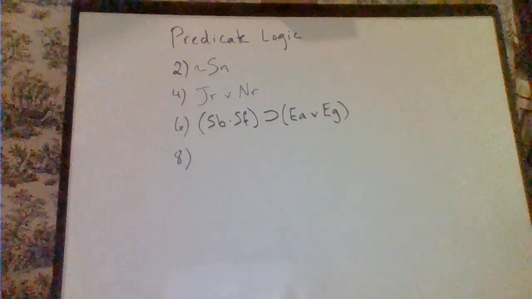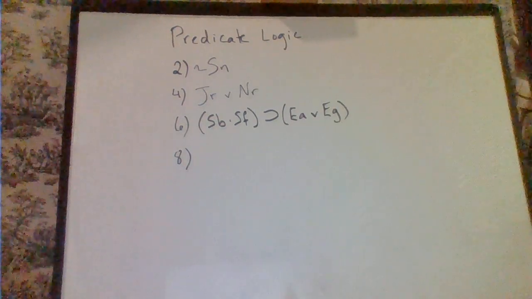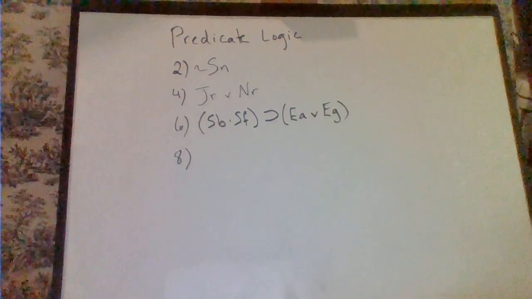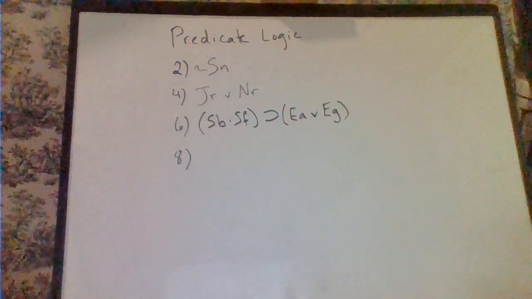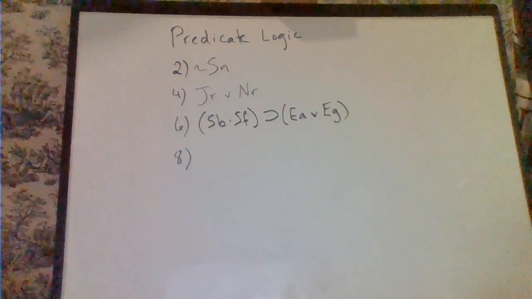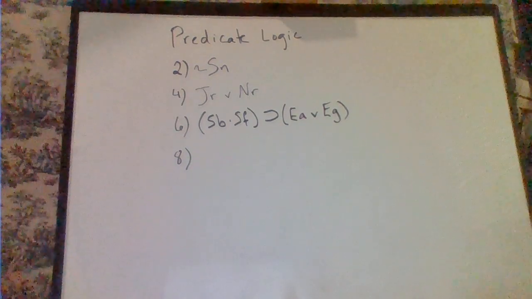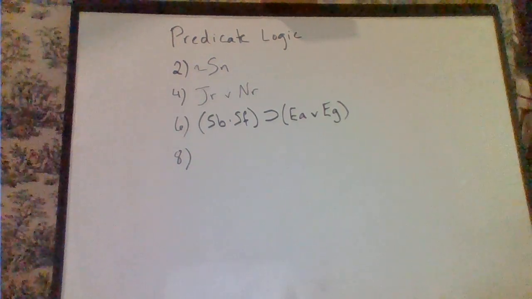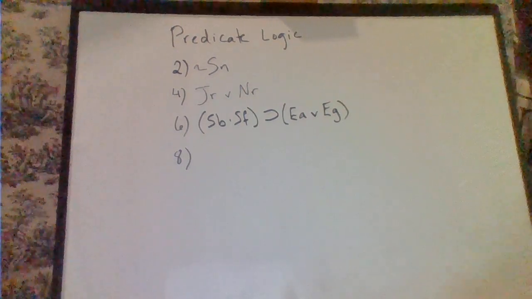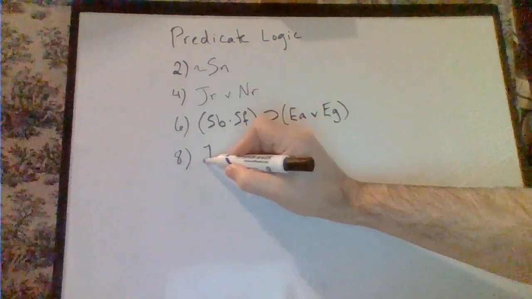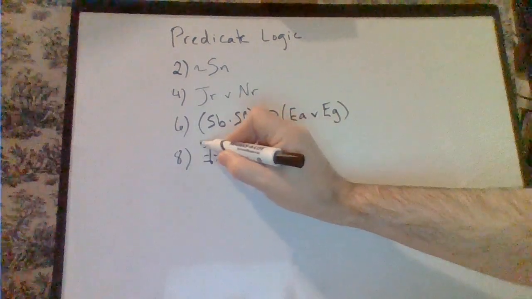Number 8 says some grapes are sour. All right, so now we're dealing with one of those categorical statements. And remember that with the categorical statements, you need the quantifiers. We're going to use G for grapes, S for sour. And because it's a some, it's an existential quantifier, which is the backwards E with the x like that.